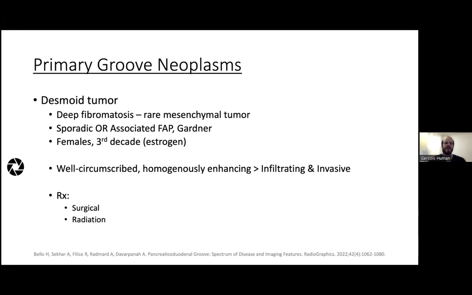On imaging, they're well circumscribed with homogeneous enhancement, although sometimes they can be infiltrating and invasive. Treatment is surgical, as has always been mentioned, but some people tend to do a watch and wait or radiation approach. Both are described.